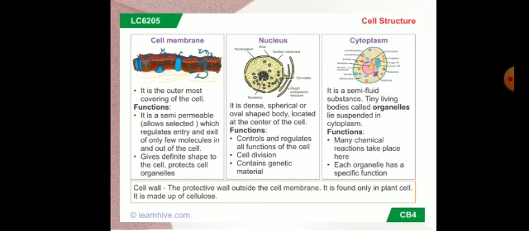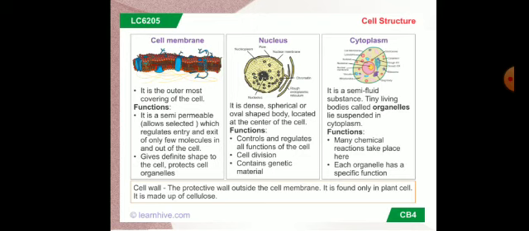Like in our body, organs do specific functions, like the brain controls our body, gives intelligence, and gives signals to our whole body. Like this, different organelles play different roles.